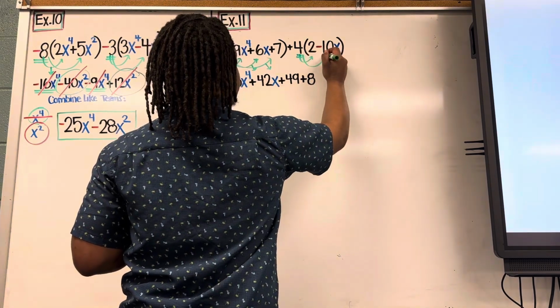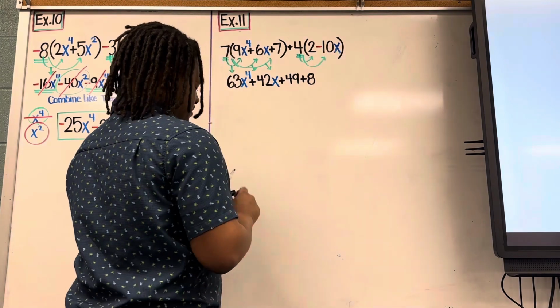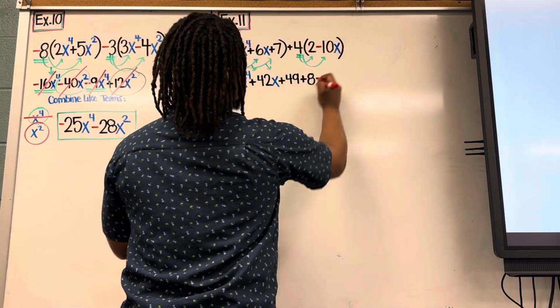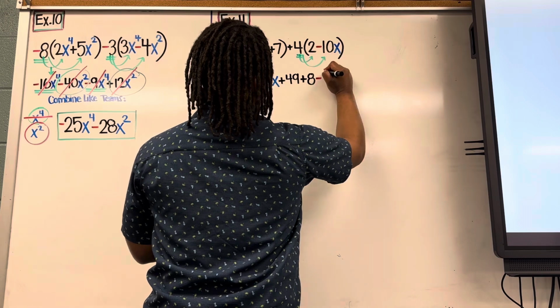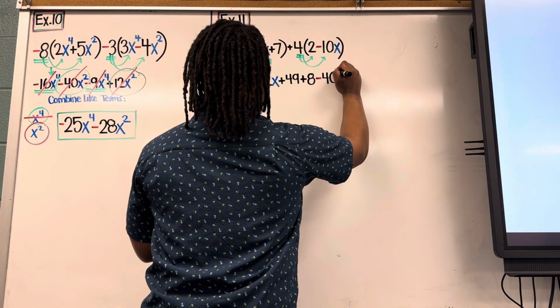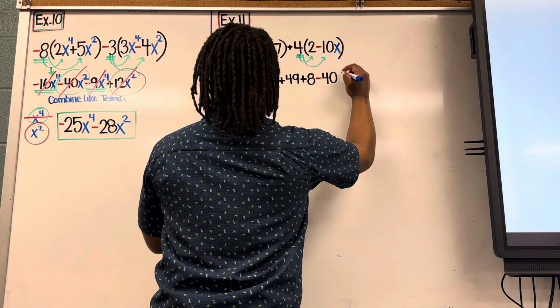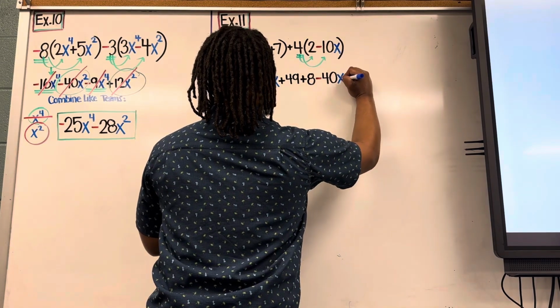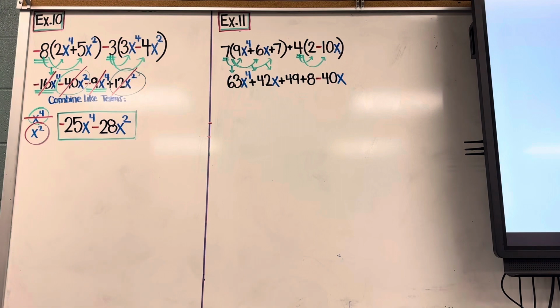Four times negative 10x is a negative 40x. All right, so we have successfully distributed both parentheses, okay?